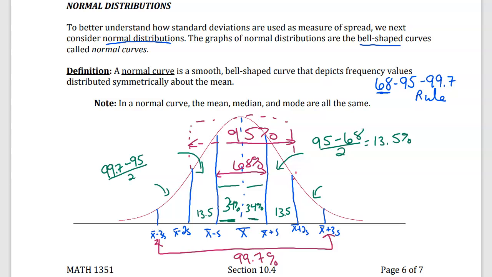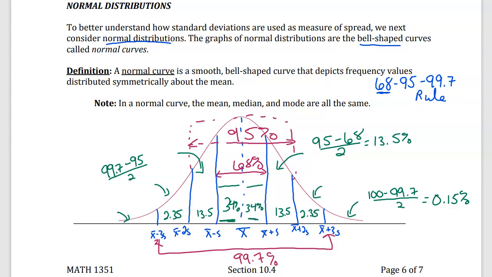So 99.7 minus 95 divided by 2 will give us 2.35%. And then these last little bitty parts right here, we're going to take 100 minus the 99.7, because the entire graph has to add up to 100%, divided by 2. That's going to be 0.15%.